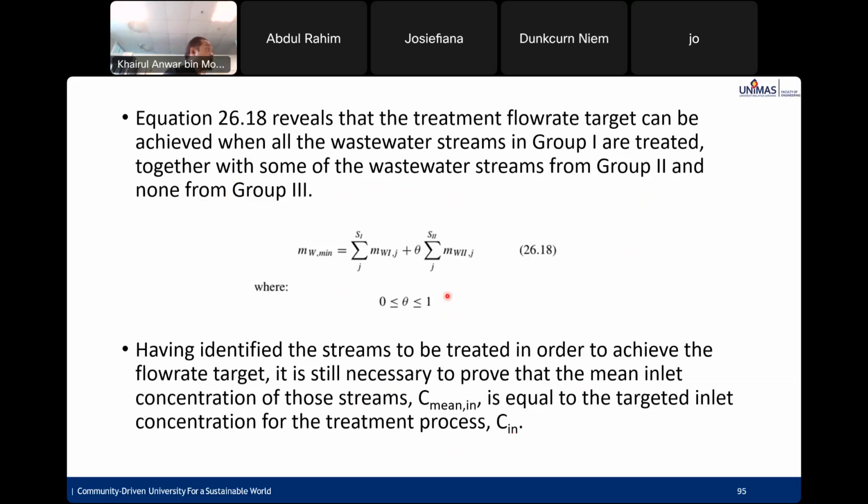Question 26.18 revealed that the treatment flow rate target can be achieved when all the wastewater stream in group 1 are treated together with some of the wastewater stream from group 2, none from group 3. So some of them, so partial wastewater stream from group 2.